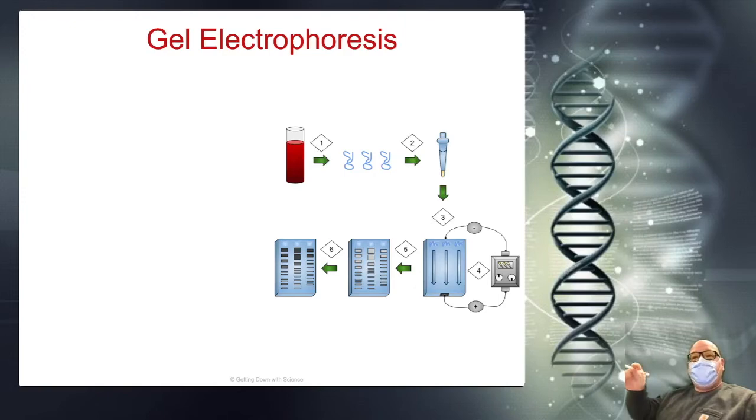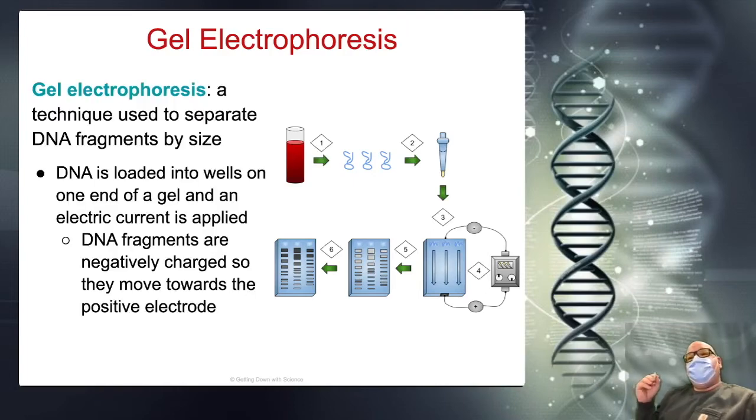You pour this gel in there, and it solidifies just like Jell-O, but you make little wells or holes on the end. You put this thing called a comb in the gel, and when it solidifies, there'll be little pits called wells. You take a pipette and you inject a small amount into each well, and then you hook it up to electricity and run electricity through the gel.